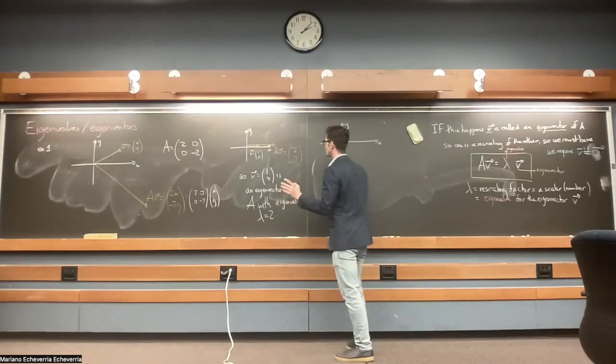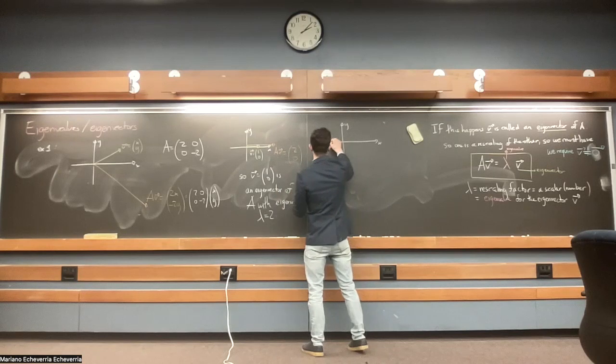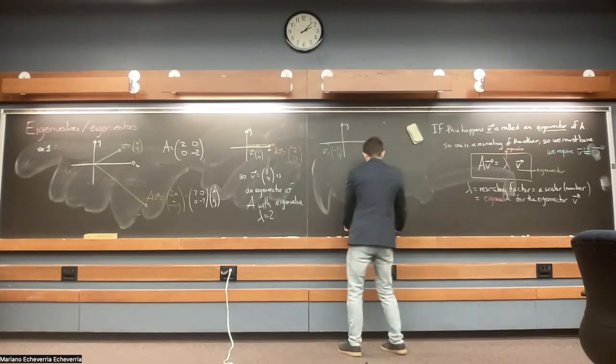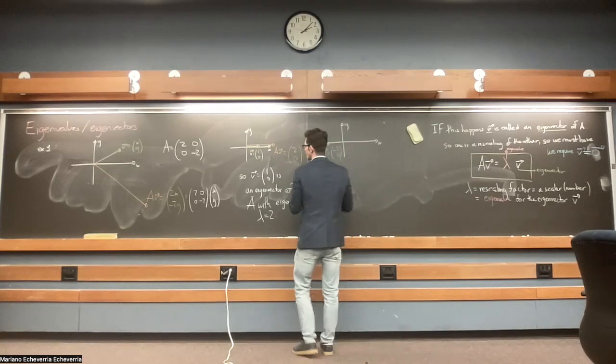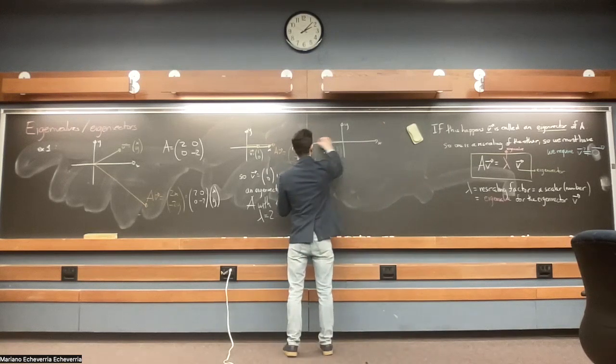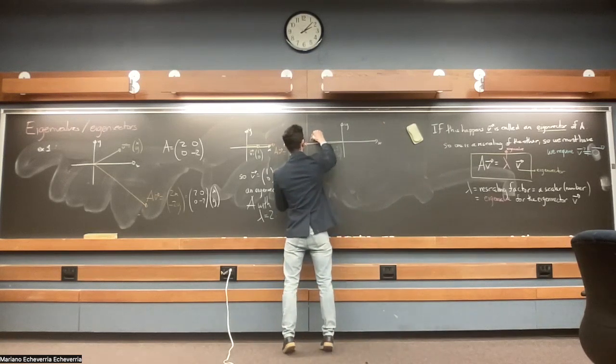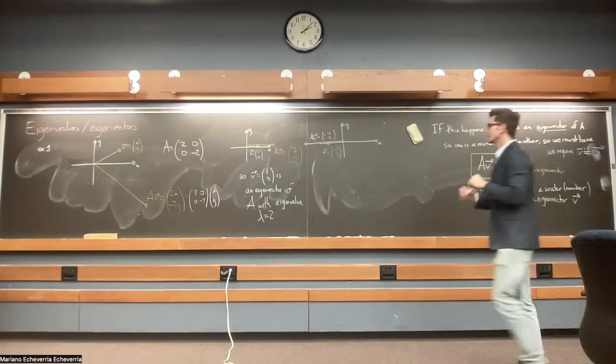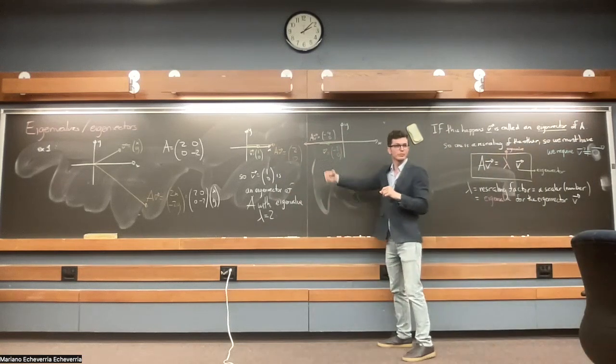if you take V to be, I mean, it doesn't have to be along the positive x-axis, right? You could take V to be like (-2, 0), right? And if you look at the formula for AV, it is now (-4, 0), right? So it's still a rescaling of 2, and they're parallel to one another.